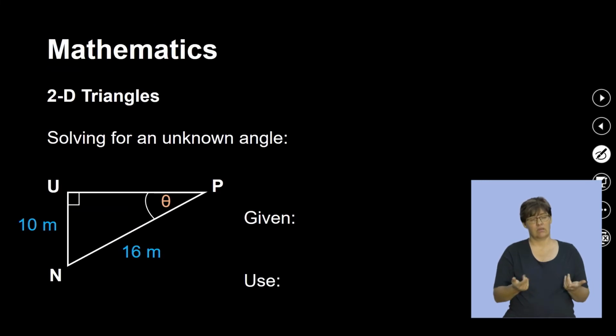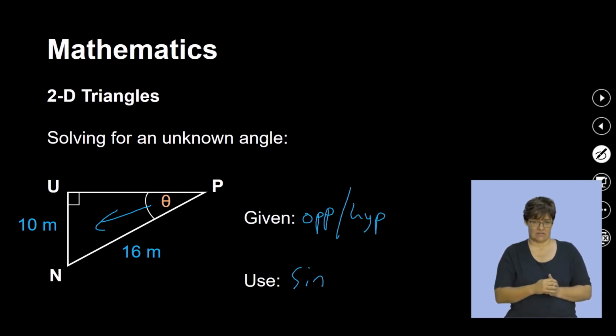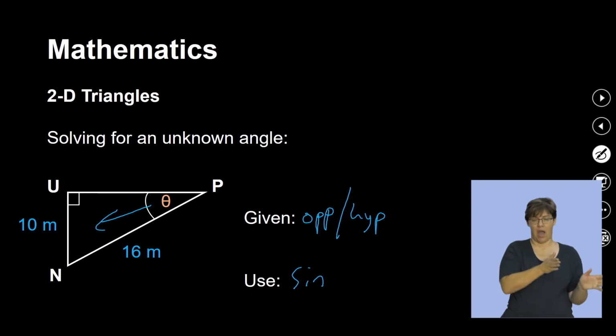If maybe I'm given the opposite side to theta and also the hypotenuse, I will use the sine theta ratio. This is just me trying to show you, when given this, what do you use, so that you know exactly how to maneuver your way around solving these things.